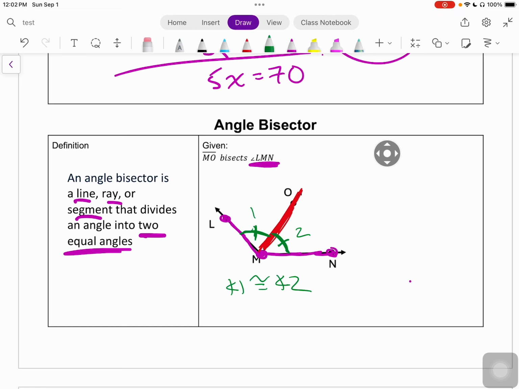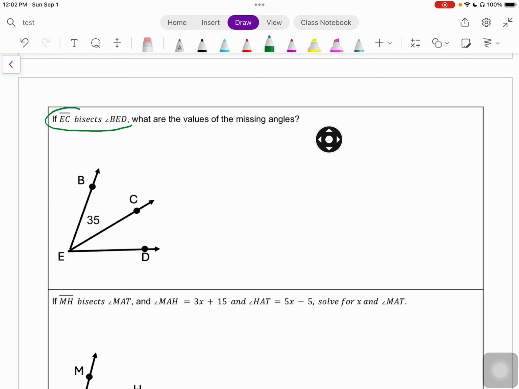I think I have 3 questions for us to go through here using angle bisectors and angle addition. All right, first one. If EC bisects BED, what are the values of the missing angles? So when I see this here again, EC bisecting BED, what I want to think about is if this is BED, I know it's getting cut into two equal parts.